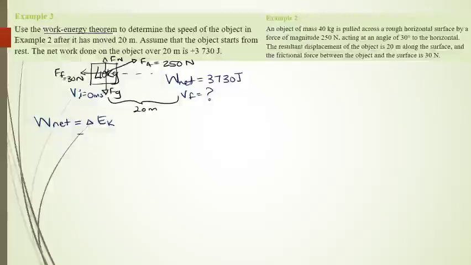So I substitute in the values for the change in kinetic energy, which ends up being half mass times final velocity squared minus initial velocity squared.